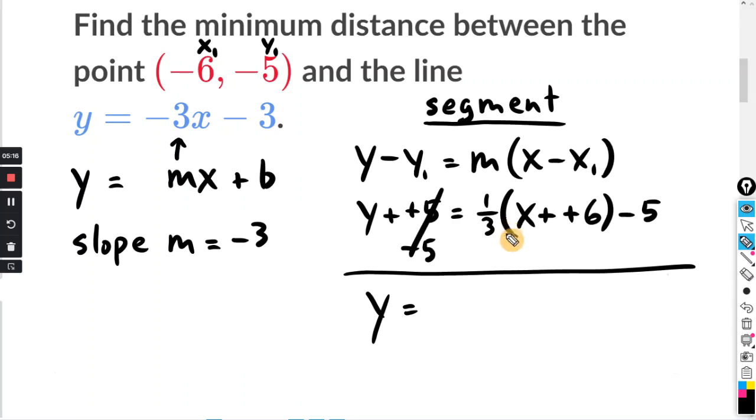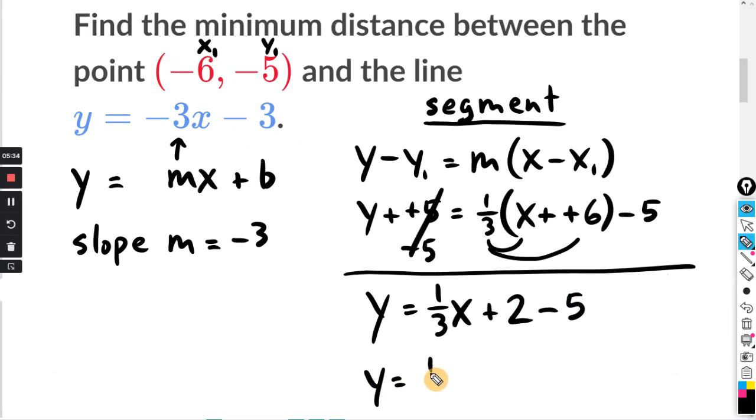And I'm going to distribute the 1/3. 1/3 times x. And 1/3 times 6 is 6/3, but 6 over 3 is just 2. And we still have minus 5. So that's going to be y equals 1/3 x minus 3. So this is the equation of the segment that connects the point and the line.